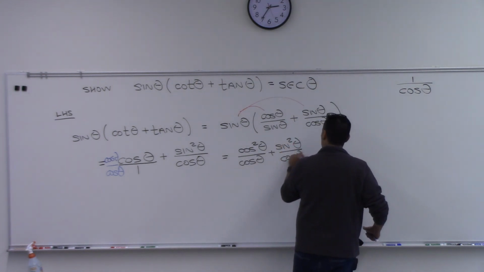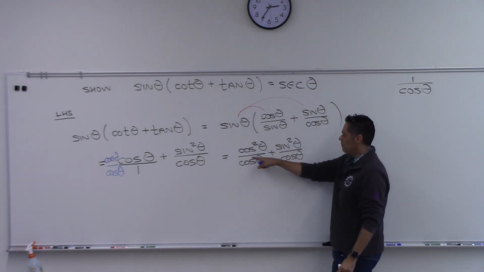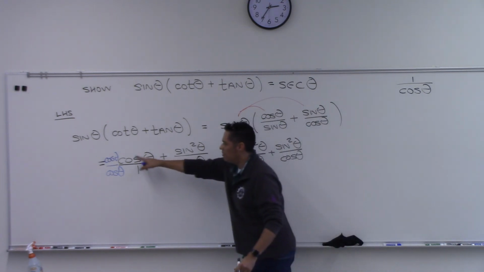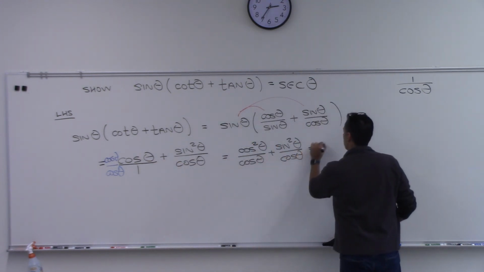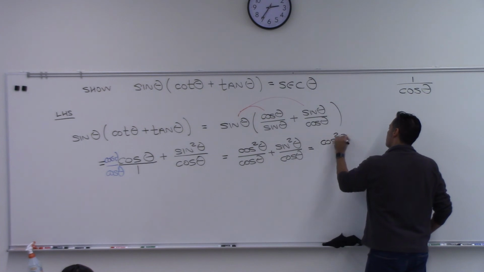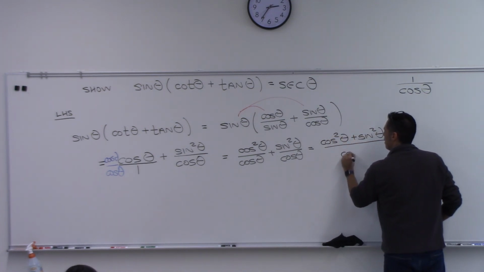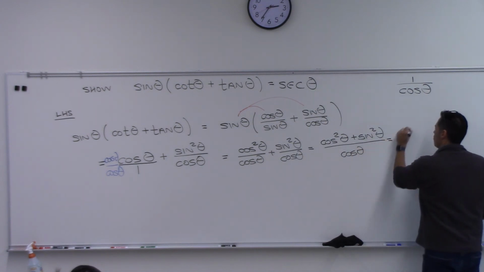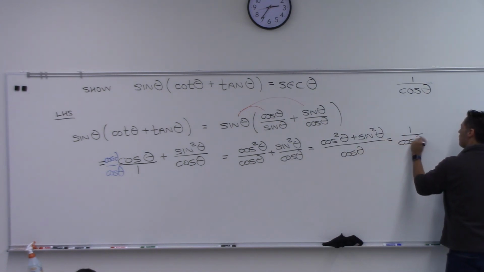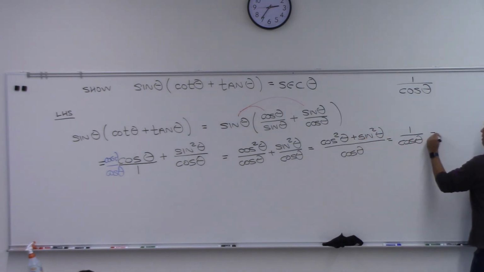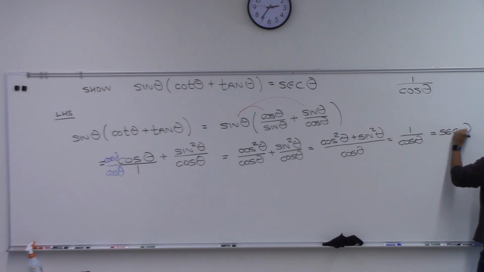That's just me getting the common denominator. Now I put it together into one big fraction, cosine squared theta plus sine squared theta, all over cosine theta. But that's just 1 over cosine theta, because of the Pythagorean identity. But that's secant theta, and that's the right-hand side.